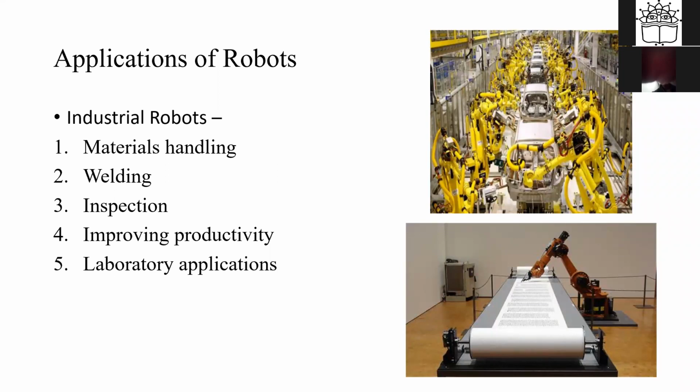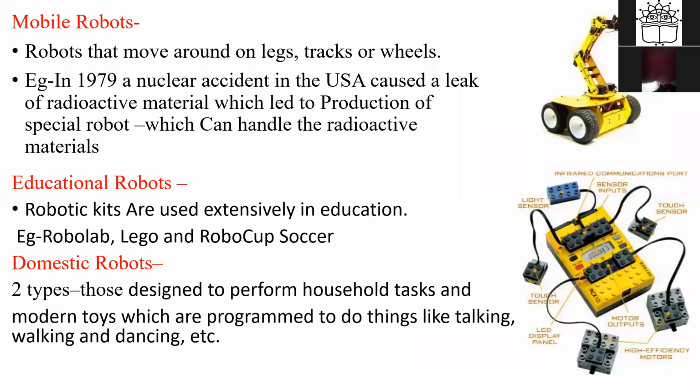For inspection, we are having CMM, that is coordinate measuring machine, where we are using robots. We can precisely measure the dimensions of a component. There is a QC department in industry, quality control, so over there we can use robots. The productivity will get improved, and also in laboratory applications we can use robots.